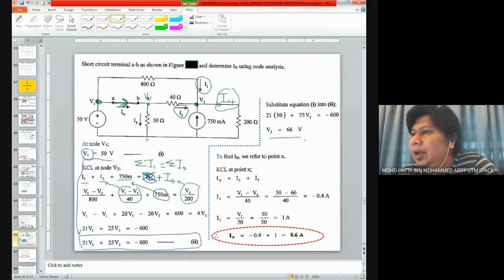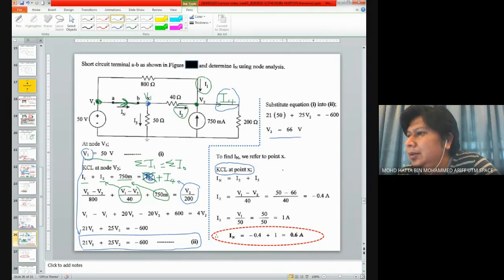Looking at the circuit back, IN is the current over here, and to find it you need to assess the KCL at point X.